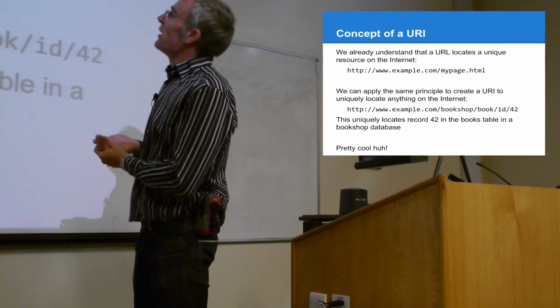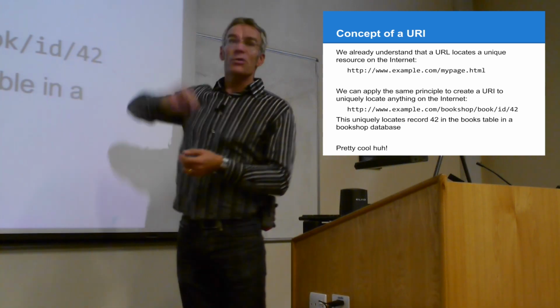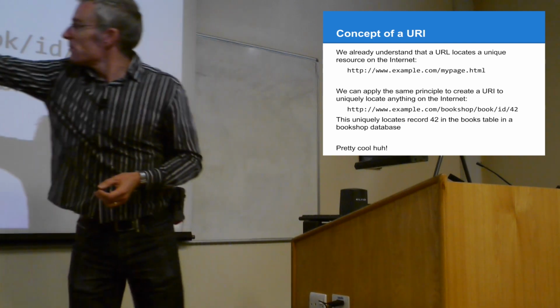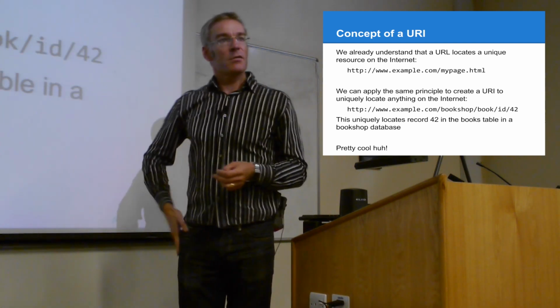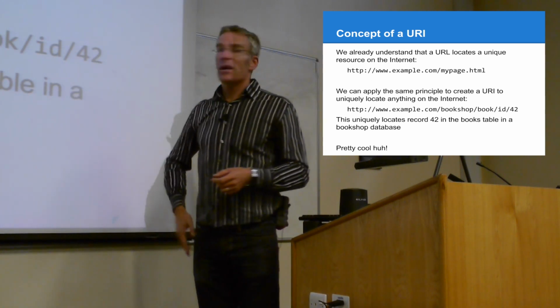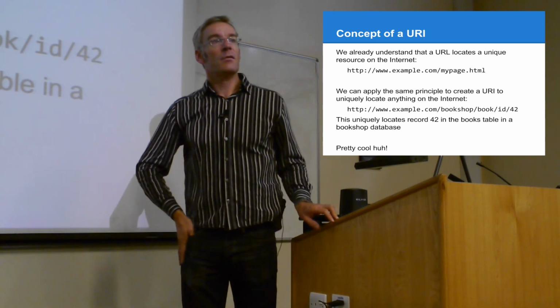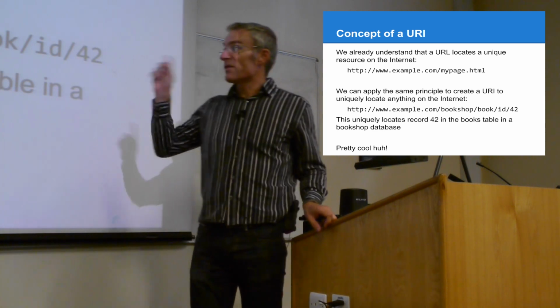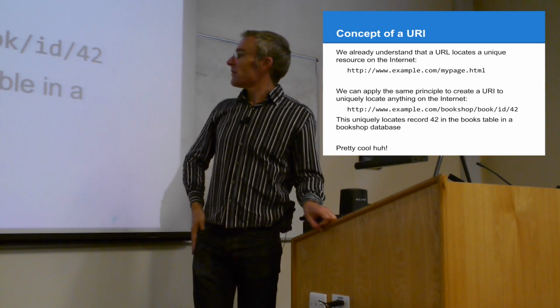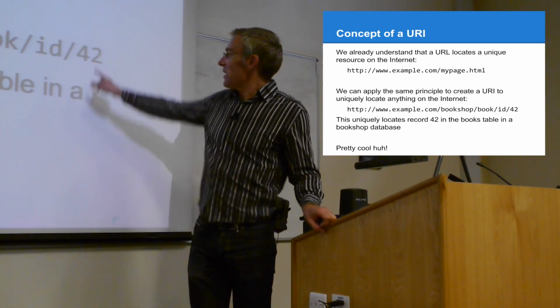So, the concept of URI. Okay, a URL denotes a resource on the internet. A URI, here's a URI. See, it's different. Subtly different. So tell me, what does that URI identify? What specific thing? Can you work it out just by looking at it? Yeah, there you go, look.